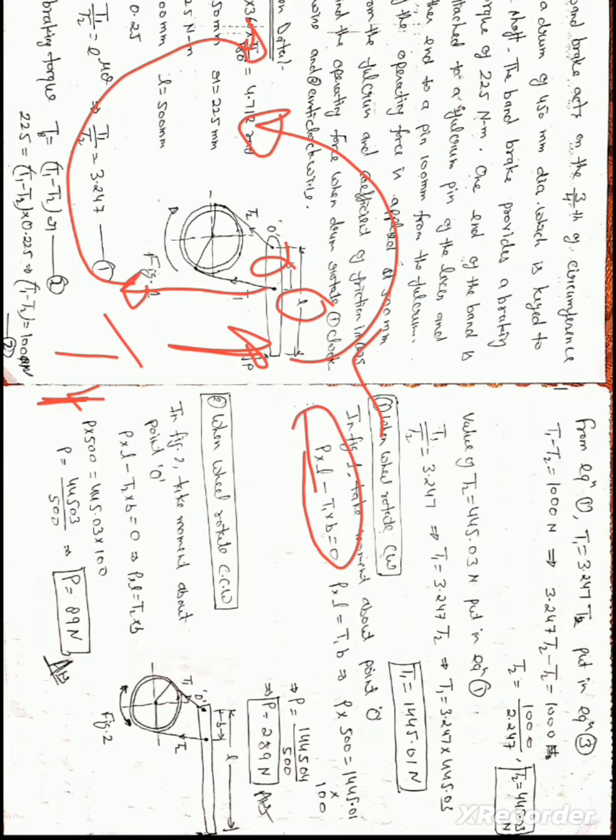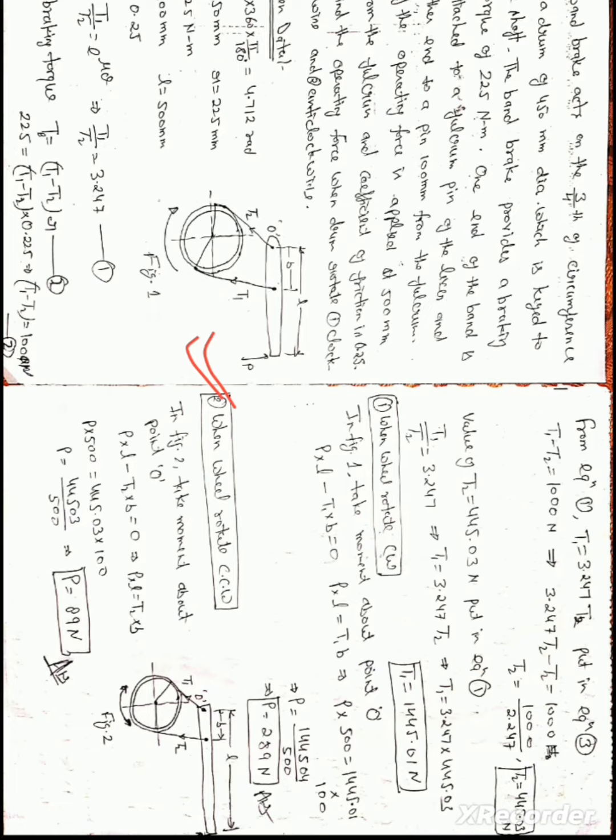Now in second case, when the wheel rotates in CCW. CCW means counter-clockwise direction or anti-clockwise direction. So in figure 2, this is P. So P into L makes an anti-clockwise couple, and anti-clockwise couple is assumed as positive sense.